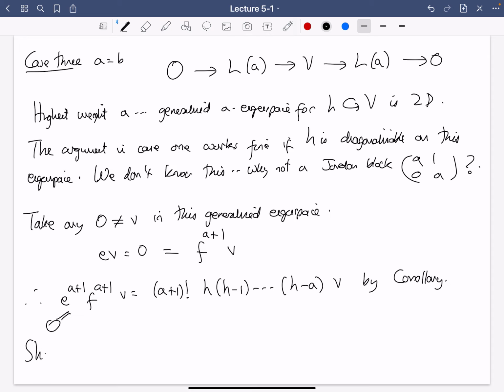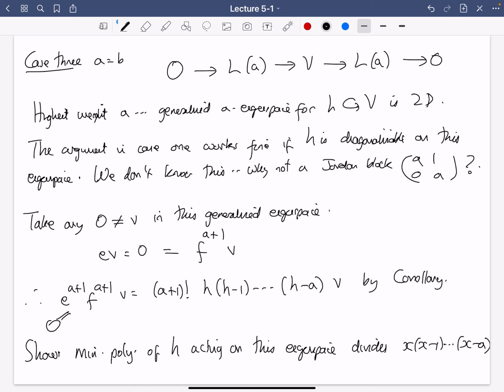And this shows that the minimal polynomial of H acting on this eigenspace divides the polynomial (x minus 1)...(x minus A), right? So there it is. I've shown that when you evaluate that polynomial at H, that kills every vector in this generalized eigenspace.